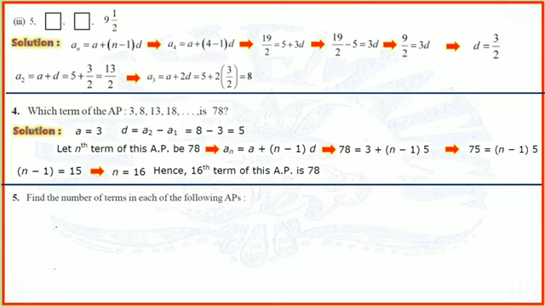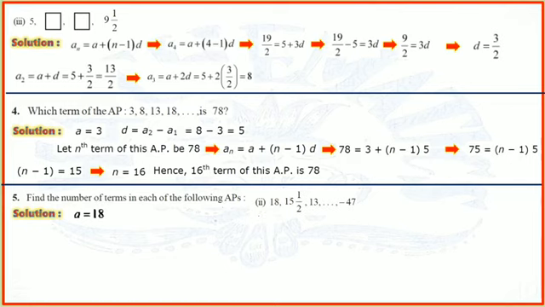Next question, question number 5. Find the number of terms, that is the value of n, in each of the following APs. 18 is the first term, then second term, third term, and this is the last term, the nth term. So for the solution, to find the value of n, we'll proceed this way.